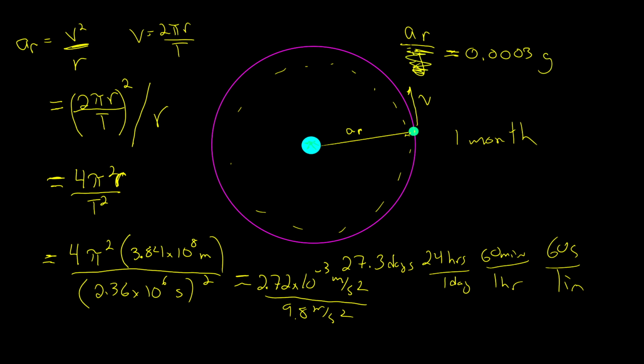So a_r is 3/10,000ths of a g. And so the moon is falling towards the Earth really slowly. Well, the acceleration is slow.